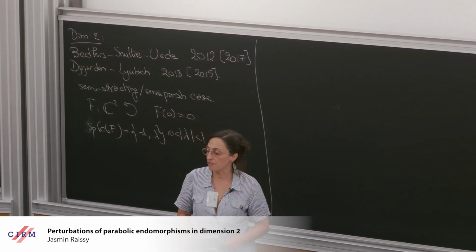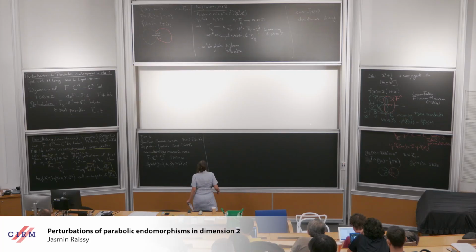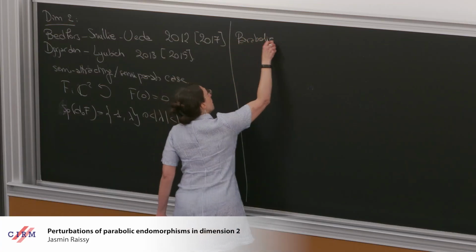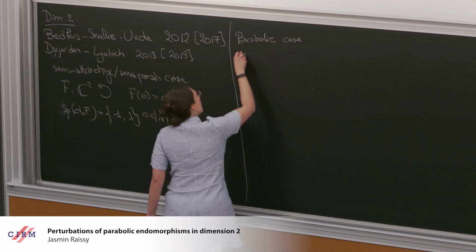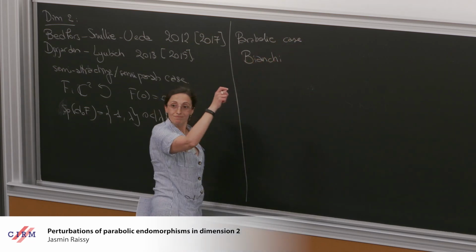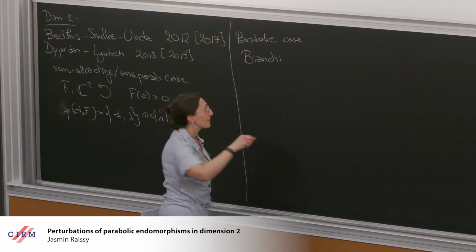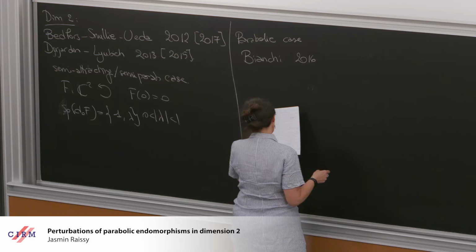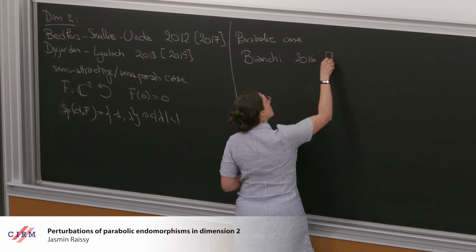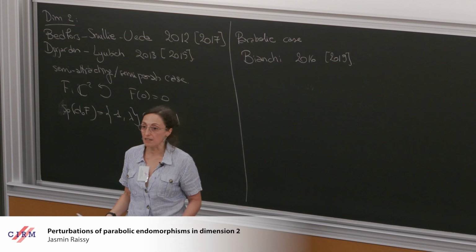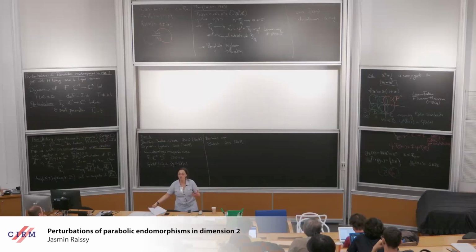But if you want to have something which is truly parabolic, so in the parabolic case, you have to look at Fabrizio Bianchi. The paper was on arXiv in 2016 and appeared in 2019, where he really does parabolic implosion for parabolic maps.